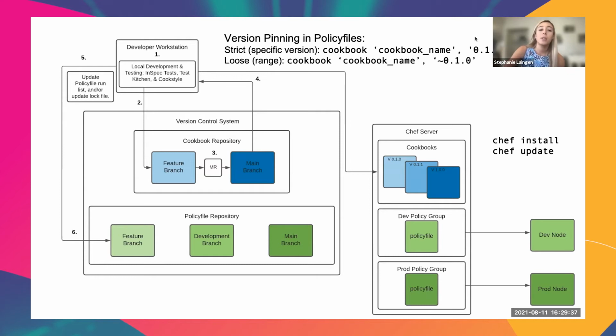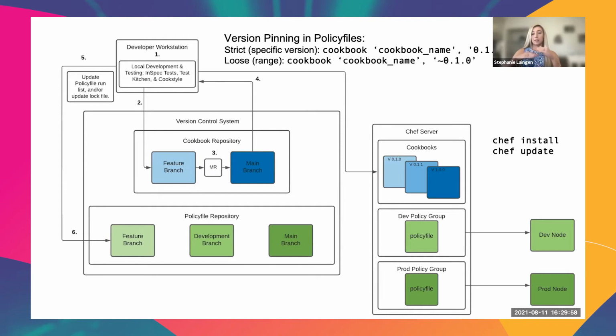If we use loose version pinning, we can specify a range of versions that are acceptable for our policy file. In this case, using the tilde character, we can specify a range of 0.10 to 0.20, but not including 0.20.